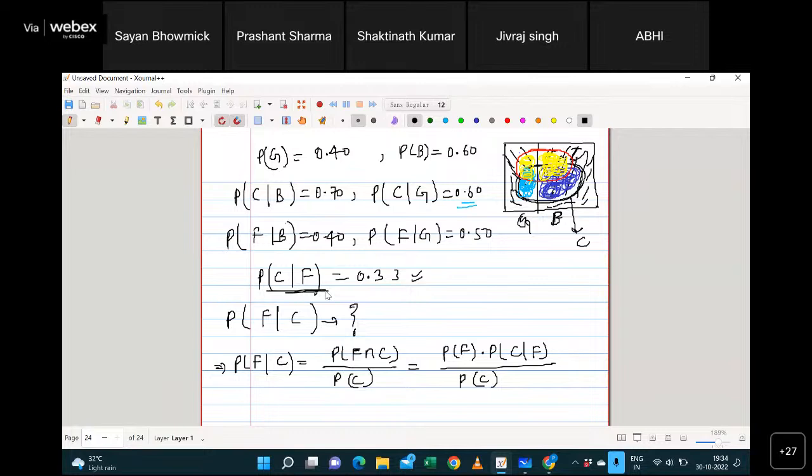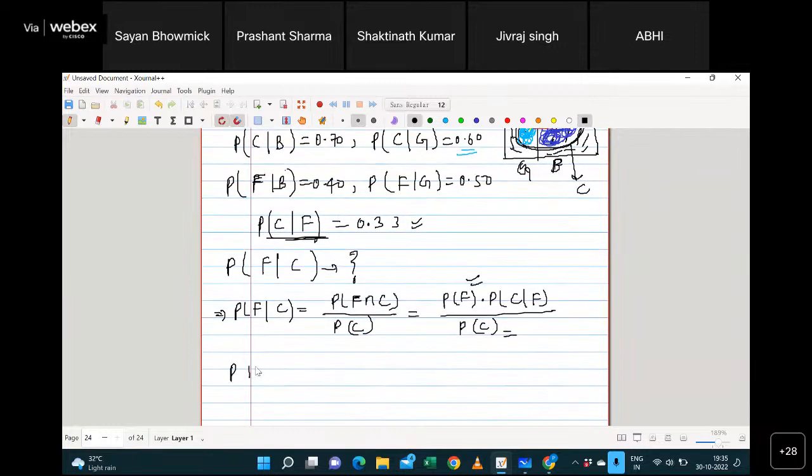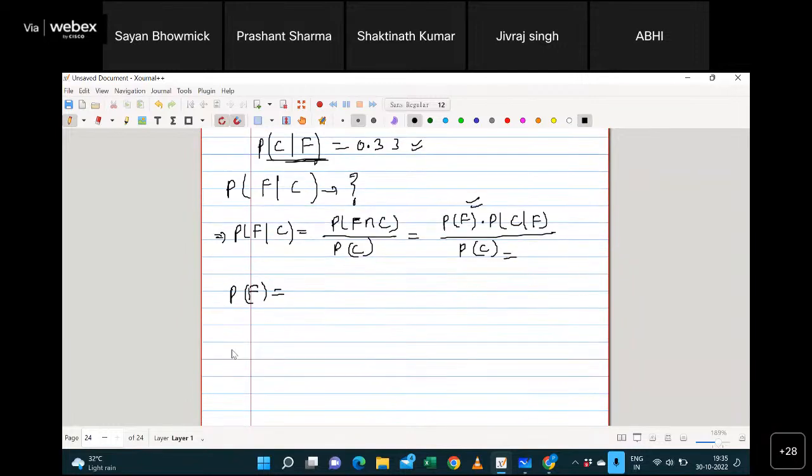Correct? Now, in the question we are not given probability of F and probability of C. We need to find the probability of F individually and probability of C individually.